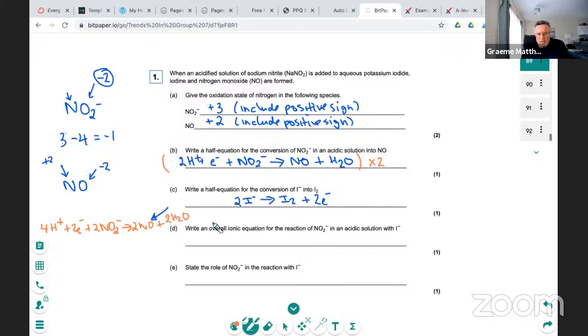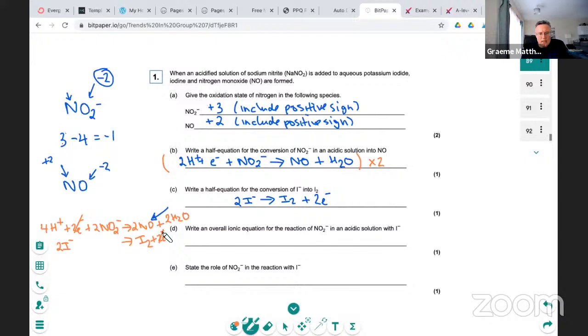And down here then, I got my 2 electrons, that's fine. So I was going to write down 2I minus like this. I'll try to keep the arrows lined up so we can see what's going on a little bit easier. Okay, so first thing is, yes, the electrons cancel out.